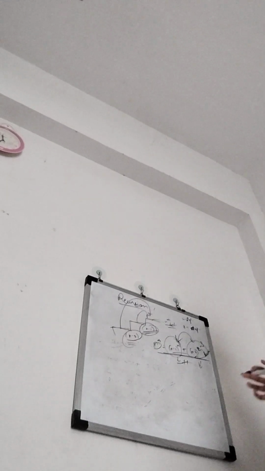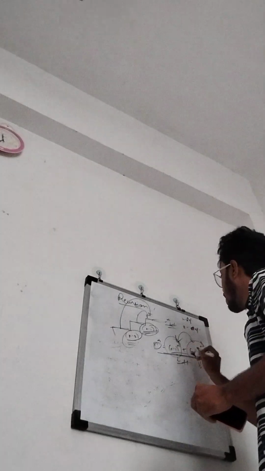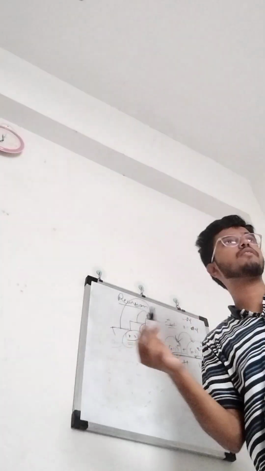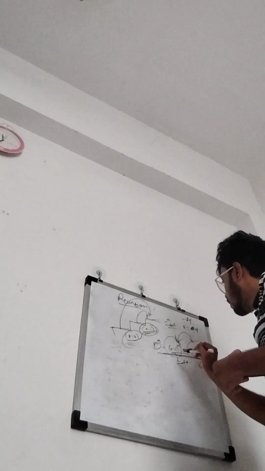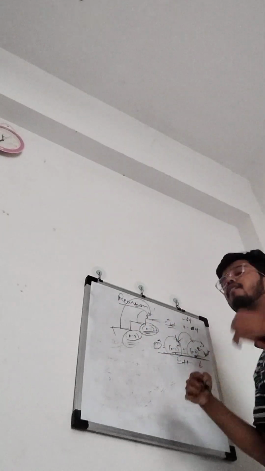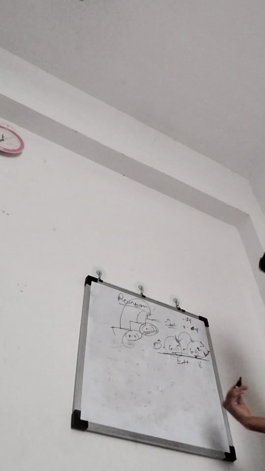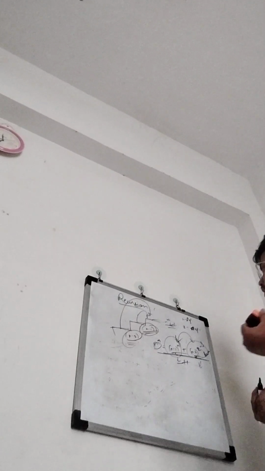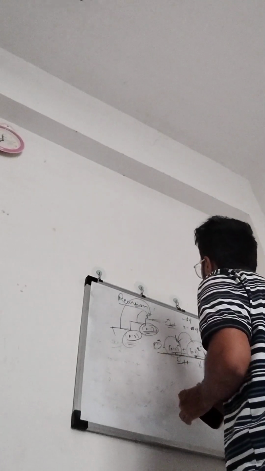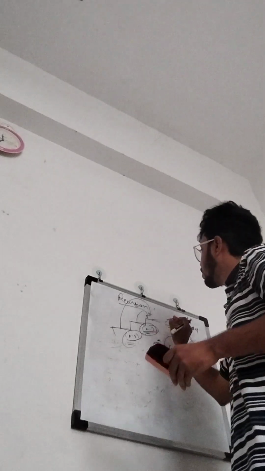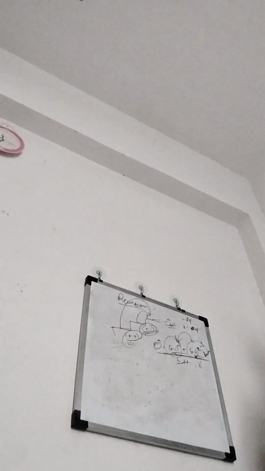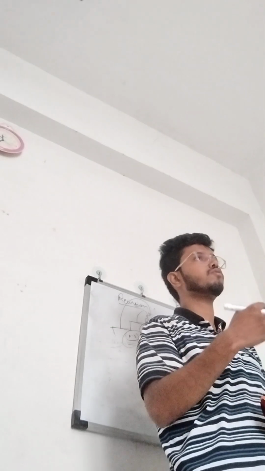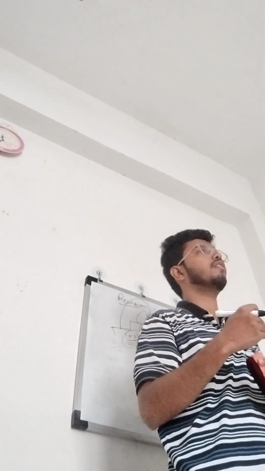So to reach the nth level, you have to reach either n minus 1 or n minus 2. Now there are how many ways to reach n minus 1? We will evaluate. And how many ways to reach n minus 2? We will evaluate. So this is the basic thing. Okay. So the number of ways to reach the nth level will be the number of ways to reach n minus 1 level plus the number of ways to reach n minus 2 level.